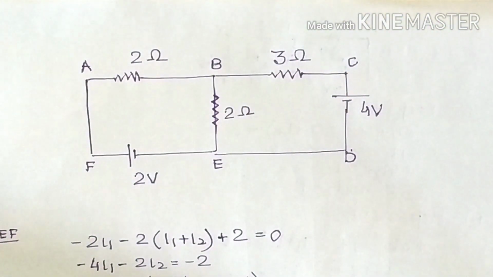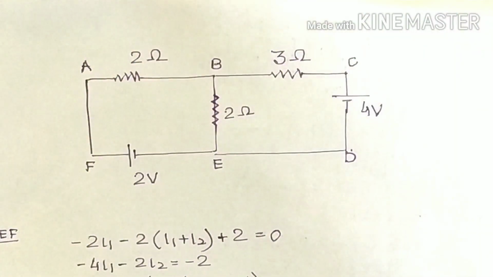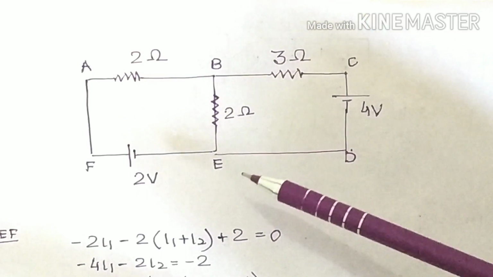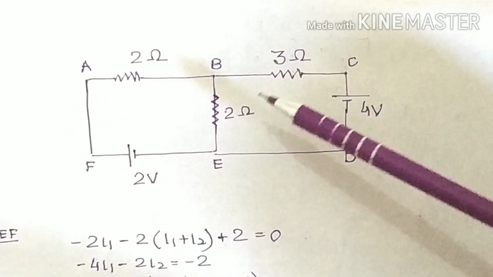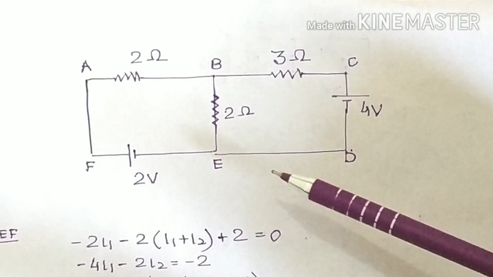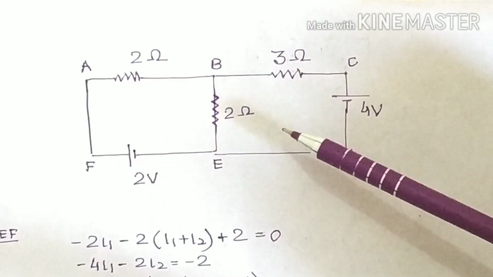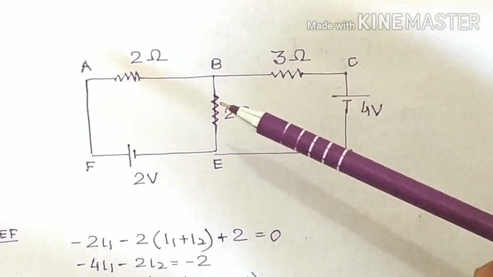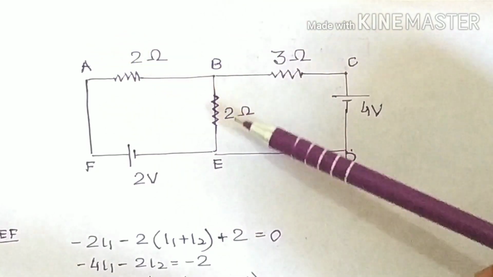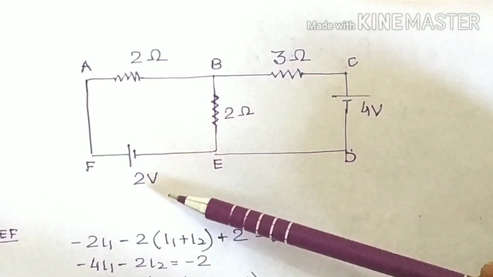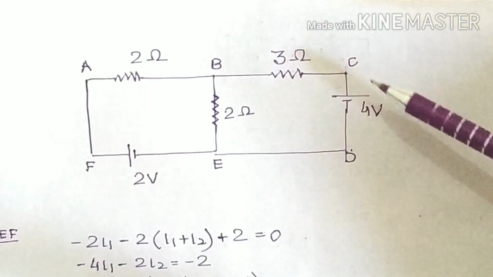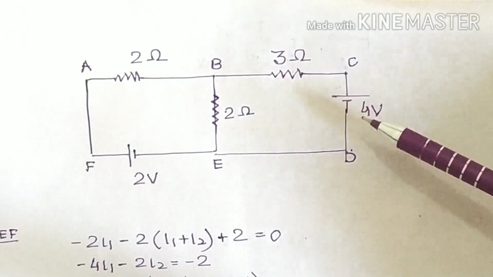Students, see another example. Here two loops are there, ABEF and BCDE. These two loops have various electrical components: a 2 ohm resistor, a 2 ohm resistor here, a 2 volt battery here, a 3 ohm resistor here and a 4 volt cell over here.